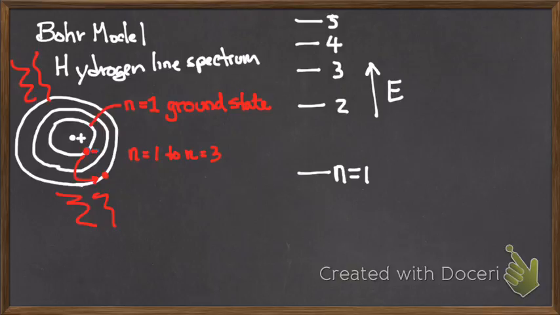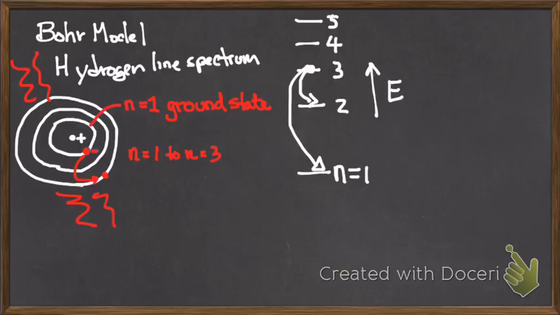So right now I have an electron at n equals 3, okay? And if it's going to give up energy and produce light, it has to go like this. Or it could go like this. Make sense? Either one of those will give off light.